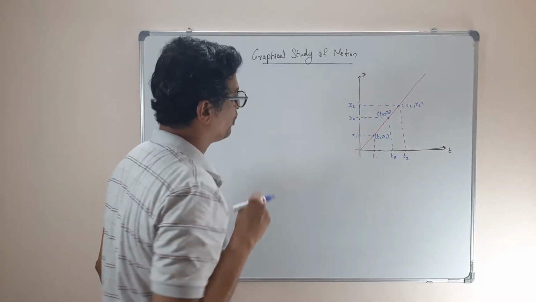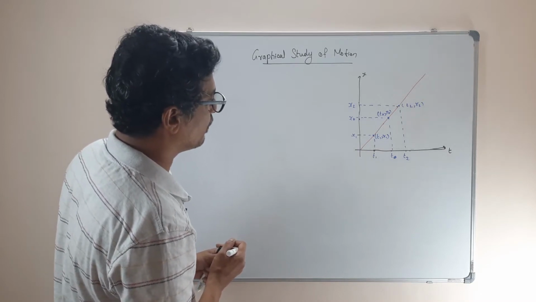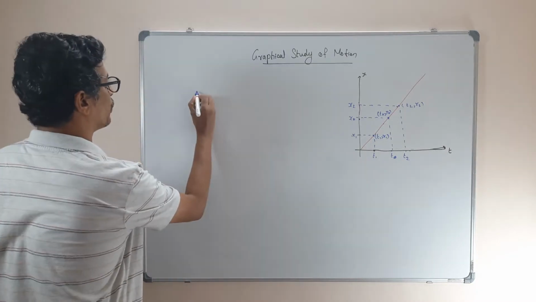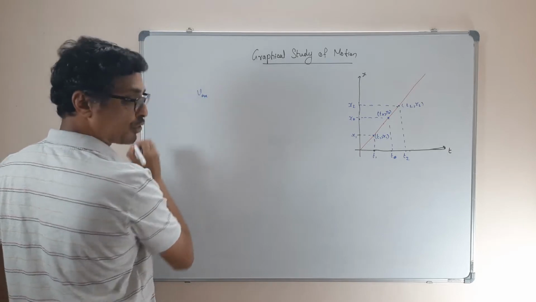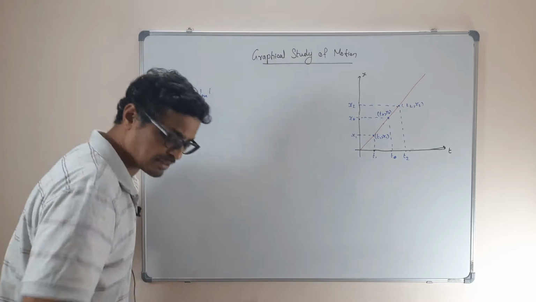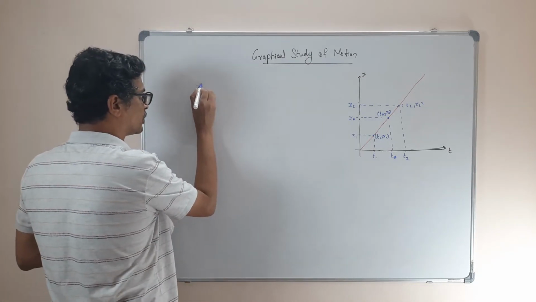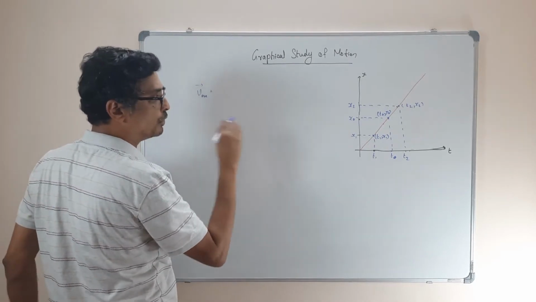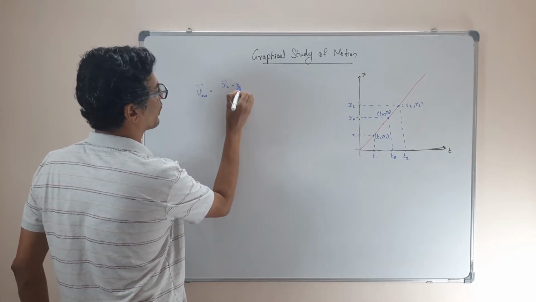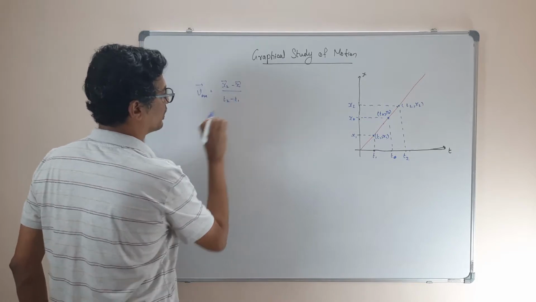Now tell me, what is the average velocity between the times t1 and t2? So v average between t1 and t2. This is a vector first of all. I think earlier I forgot to put the arrow. So what will it be? x2 minus x1 divided by t2 minus t1.